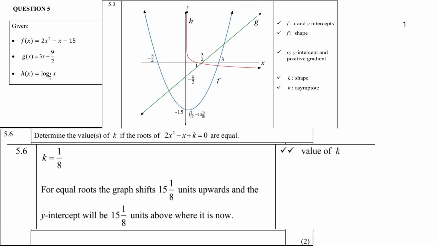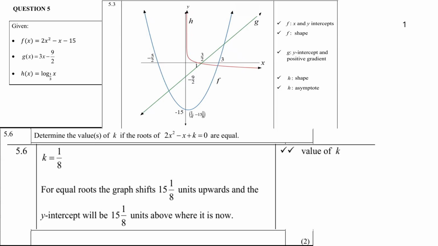5.6, determine the value or values of k if the roots of 2x squared minus x plus k equals 0 are equal. Now, first of all, what does k represent? The y-intercept. So the current graph, what is the y-intercept? Negative 15. Now, for roots to be equal, the graph cannot cut the x-axis at 2 places.